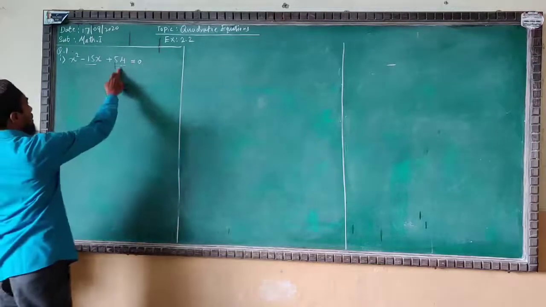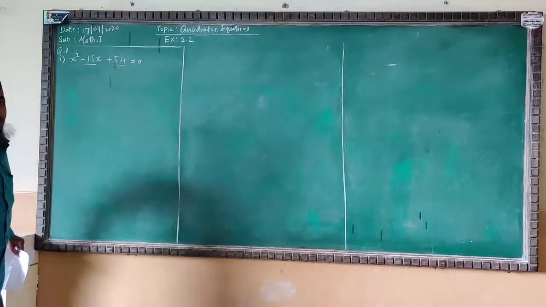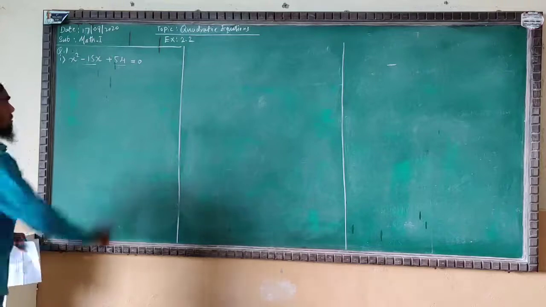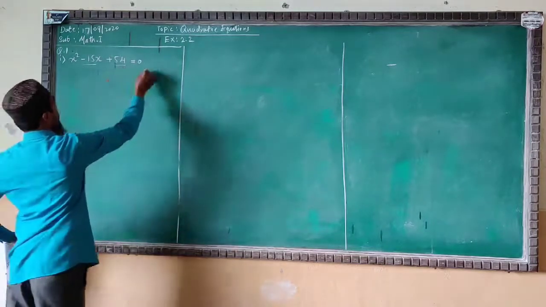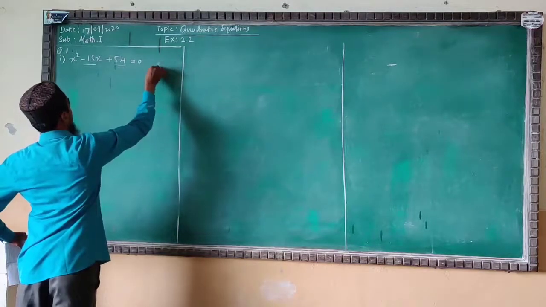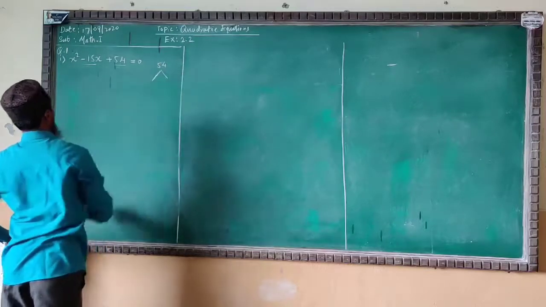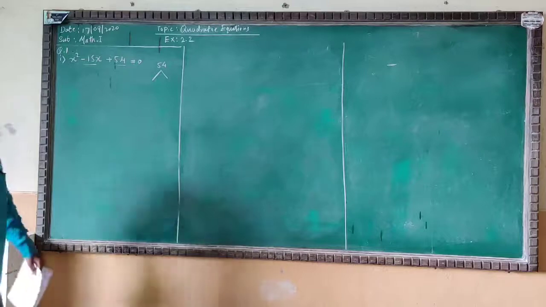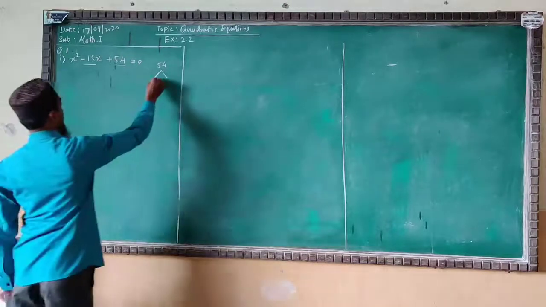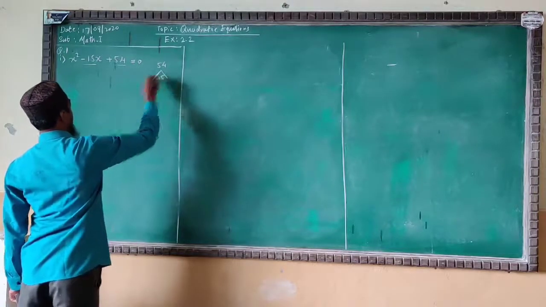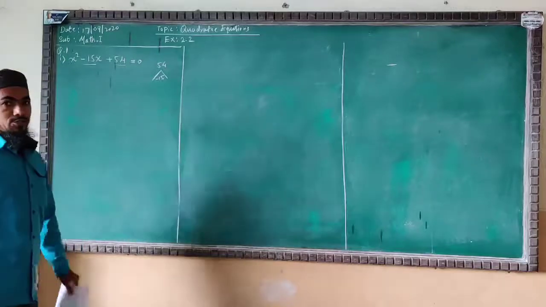Their product must be 54, and their addition or subtraction must be minus 15.